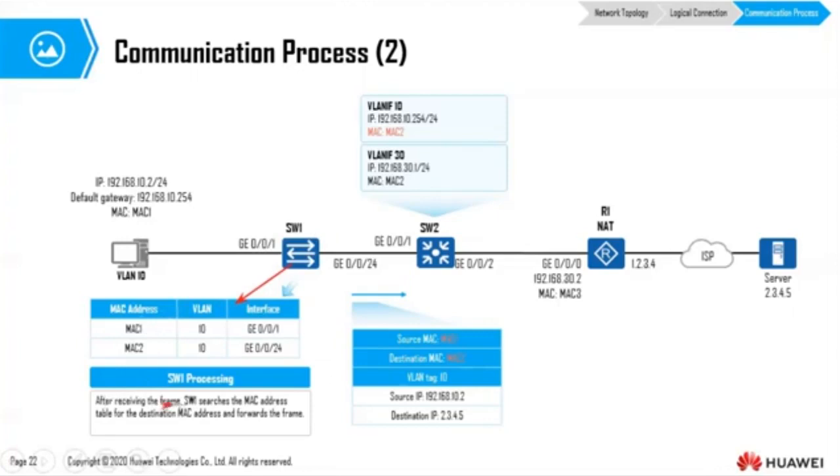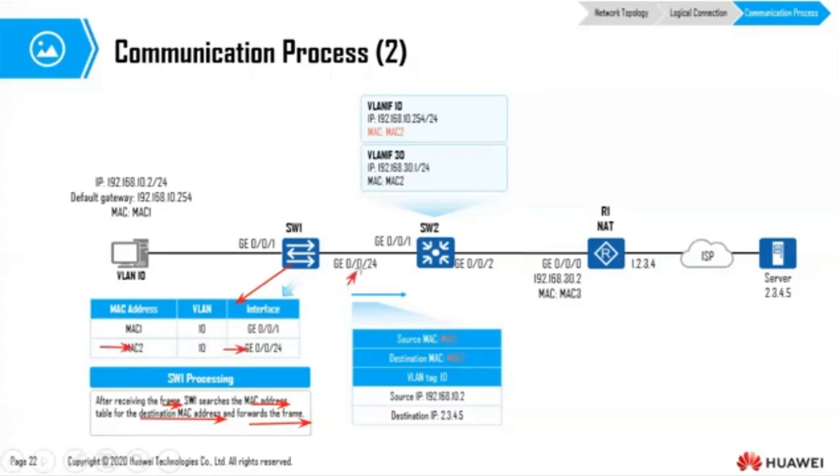After receiving the frame, switch 1 will search the MAC address table for the destination MAC address and forward the frame. The assumption was that they already know the MAC address of the destination, which is this particular gateway's MAC address. So it will simply send it out, since the destination is MAC2, through G0024.